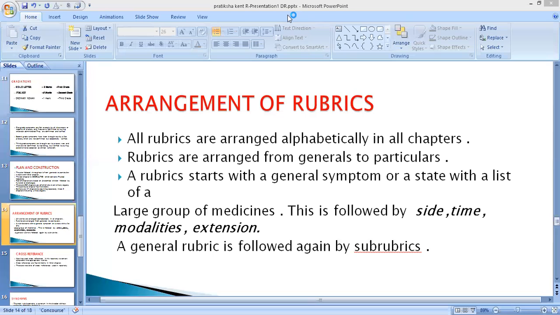Then extension. The extension part is mostly found under the section extremities, and this is the last subrubric, found mainly under pain. So most of the time it is the pain which moves from one place to another place.